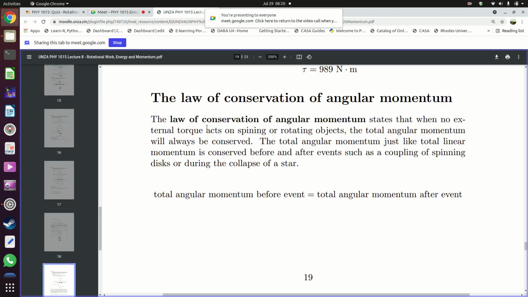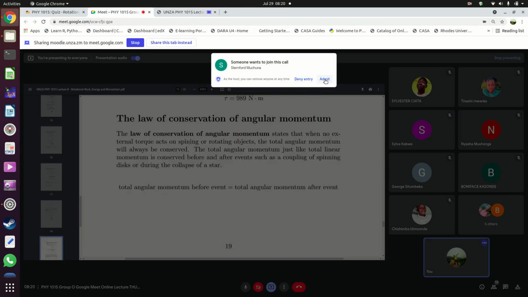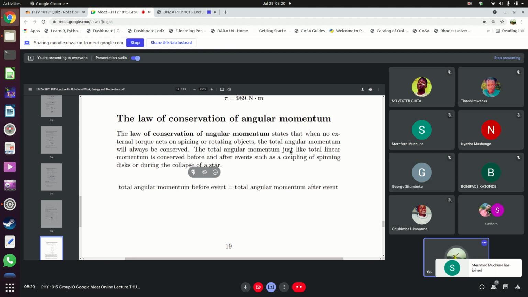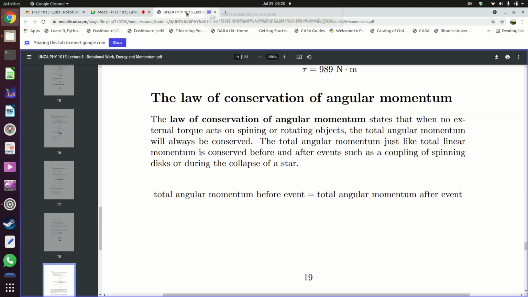So when an object is spinning on its own axis, then it has what is referred to as angular momentum. And as we have seen, angular momentum is a measure of how much rotational motion an object is undergoing. Now, just like there is conservation of linear momentum, there is also conservation of angular momentum.